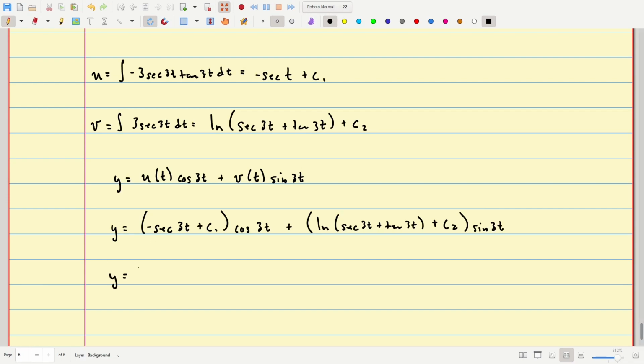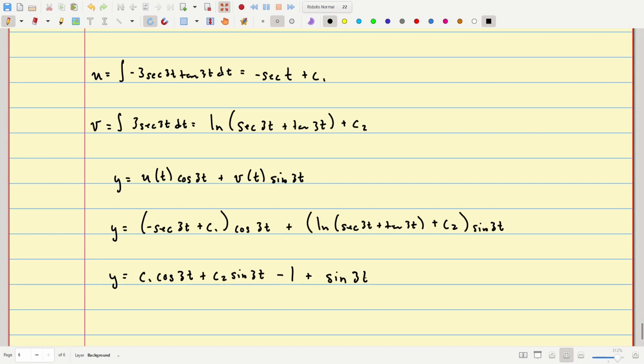We collect our homogeneous solution out front just for neatness. Secant times cosine, because they share the same argument, is going to be equal to 1. And so we'll have negative 1 here. And then lastly, we have our natural log times sine of 3t.